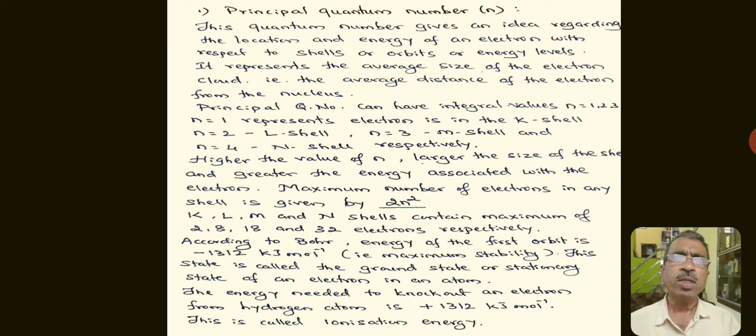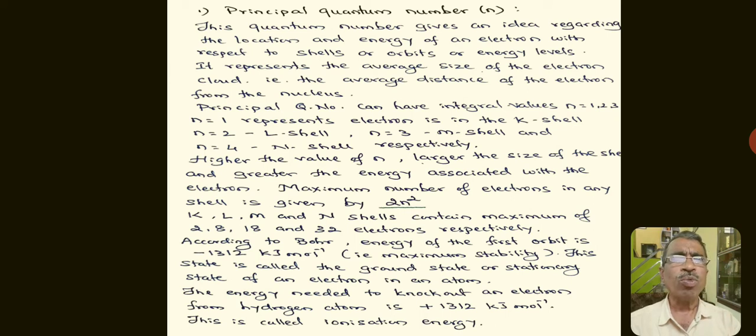According to Bohr, this principal quantum number is the orbit in which the electron is present. The principal quantum number has integral values n equal to 1, 2, 3, 4, and so on.